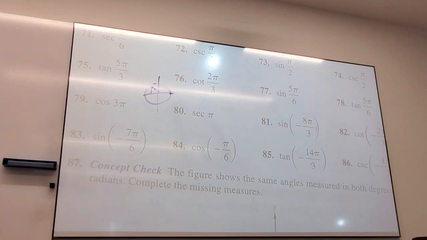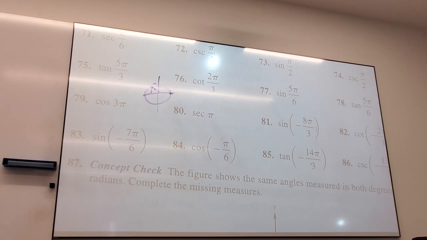But if I said, what is the cosine of 3 pi over 4, I don't want a decimal answer on that. That's one you should be able to know, because it's a 45-degree angle. Are you guys with me?